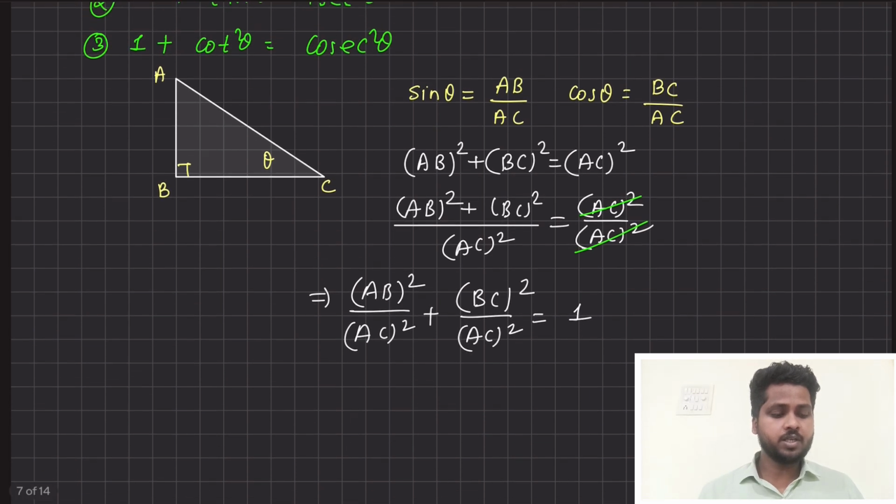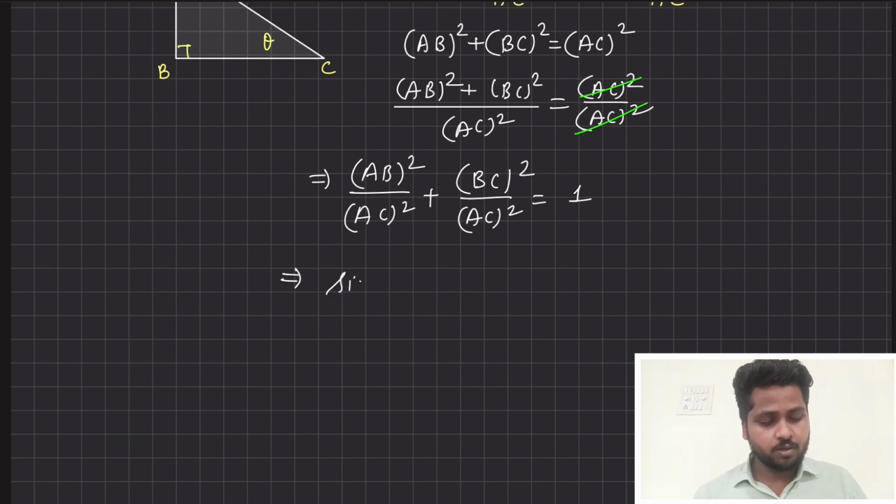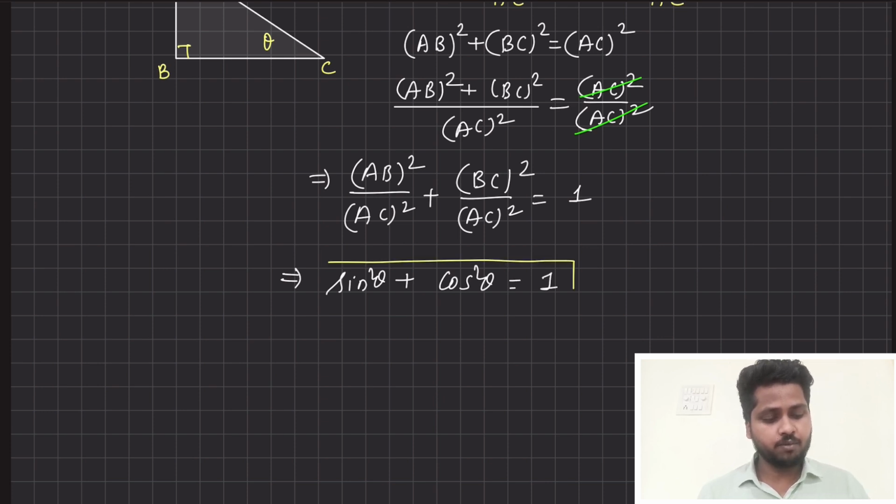AB upon AC we have already written here, that is sin theta, and BC upon AC is nothing but cos theta. So instead of AB upon AC whole square, this can be written as sin square theta, and this as cos square theta. Understanding? So sin square theta plus cos square theta is equal to 1. Okay, this one is identity number 1.